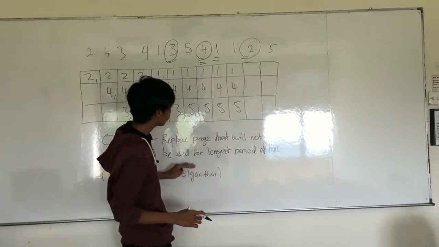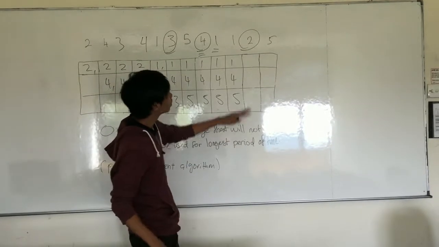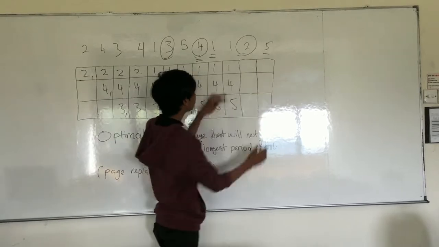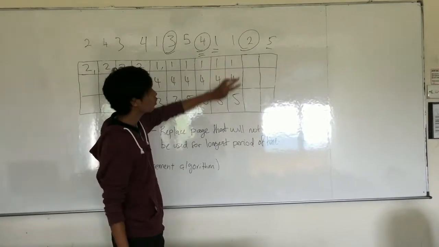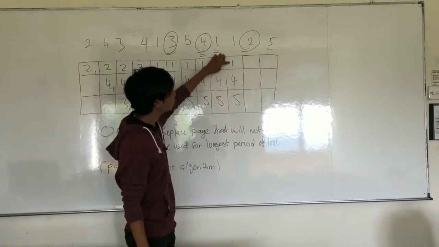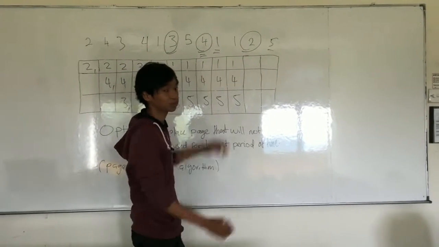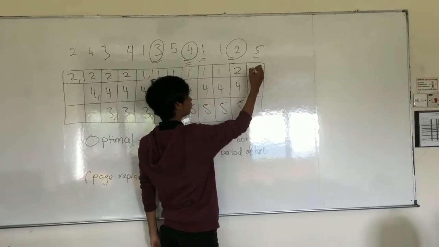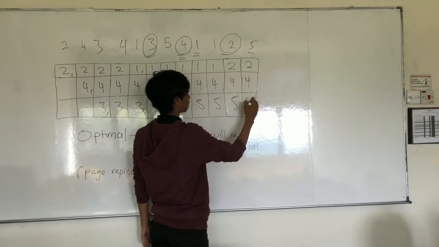So if we want to look for the longest period of time, we can only see that there's number 5 at the end. So there's no number 1 and number 4. So what we do is we just replace the first number, number 1 at the top, with number 2. Okay, 2, 4, 5, and the last number will be 2, 4, 5 again.